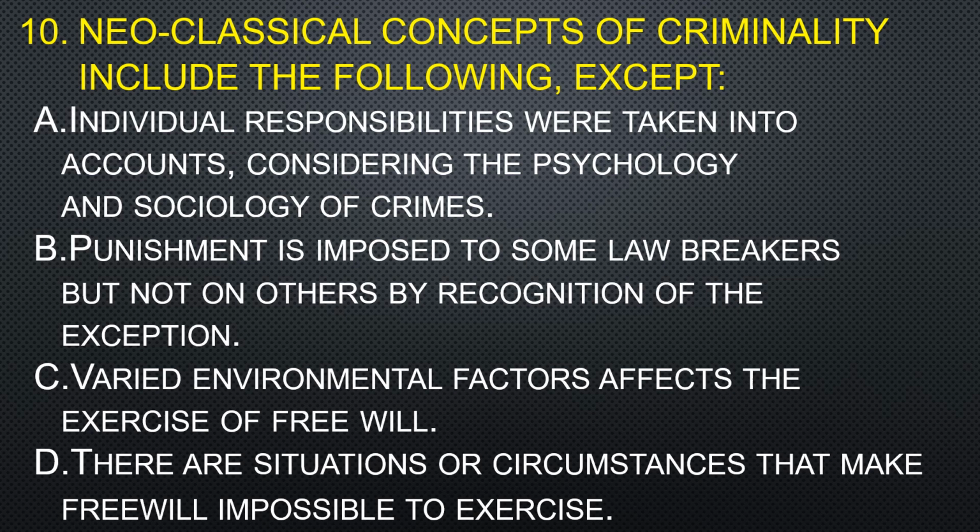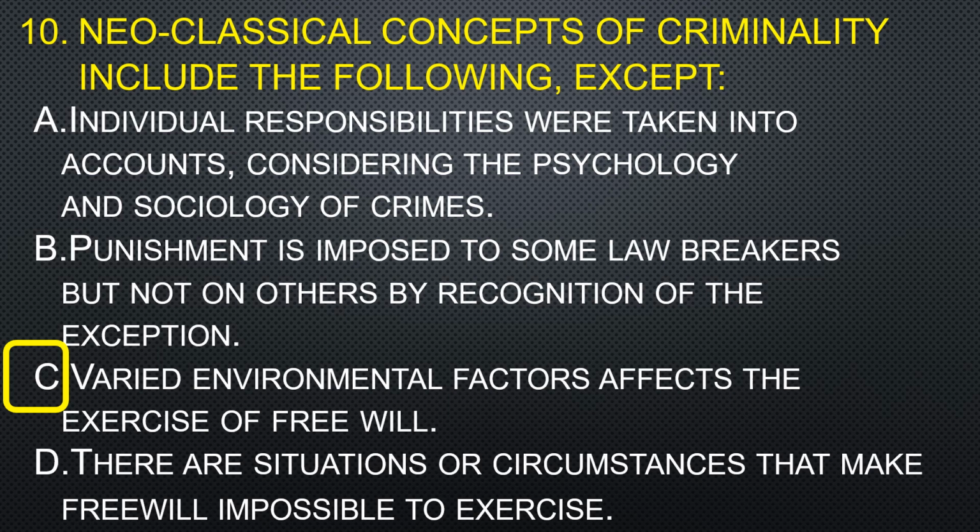So what is not a concept of criminality in the neoclassical school? Well, that is letter C. Varied environmental factors affect the exercise of free will. Well, when we speak of varied environmental factors, we are referring to the climates, the weather, okay?